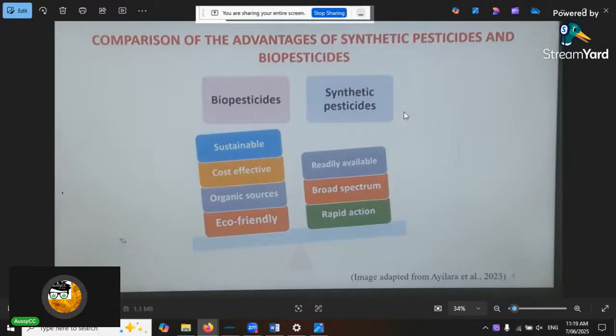They target everything, your beneficials and your bad, whereas bio-pesticides pretty much target only the bad because they're living things. Mind you, pyrethrum isn't, and that will target good ones. But in general, if you use microbes or biological insects, they will build up in your garden, in your compost heaps, and you can really improve your soil.